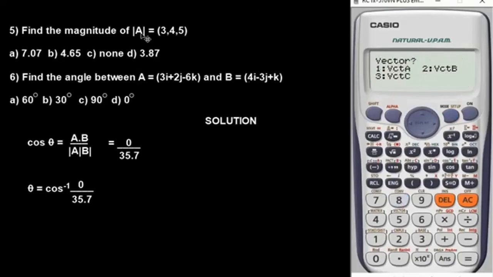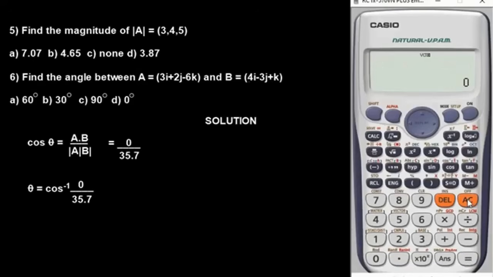So let's store these values as vector A. It is in 3 dimensions. So we have there 3, 4, and 5. So let's wipe out these values, knowing that they are already stored in the calculator.